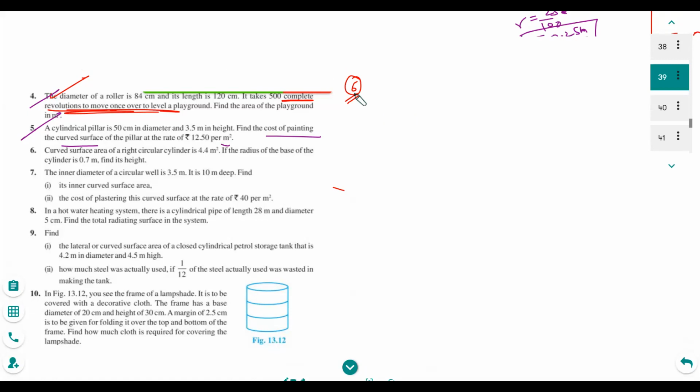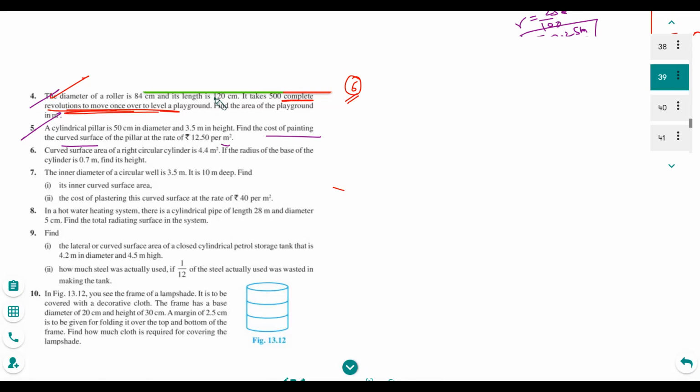Sushant is trying to tell me something. Wait, be silent now. Sushant is telling: 2(lb + bh + lh). Good. What is the curved surface area of a cuboid? 2h(l + b).